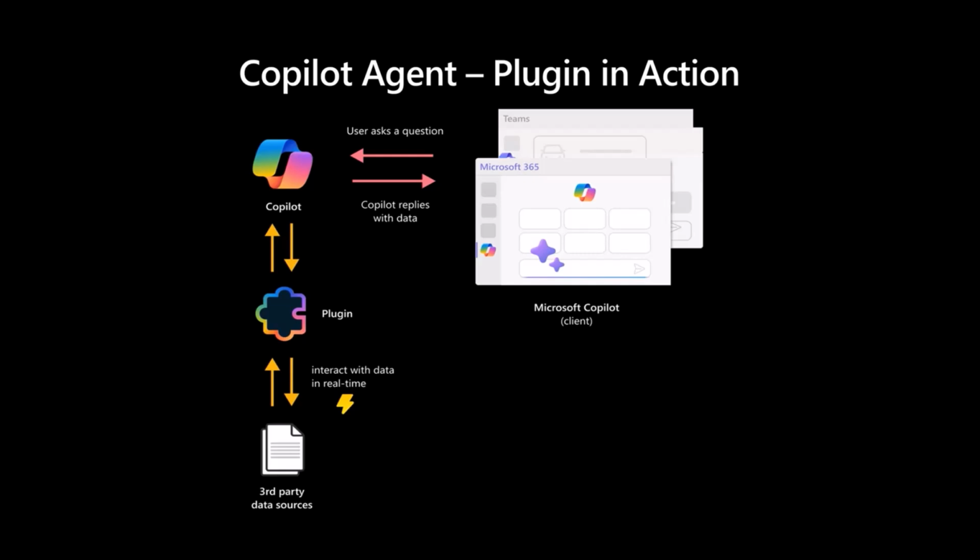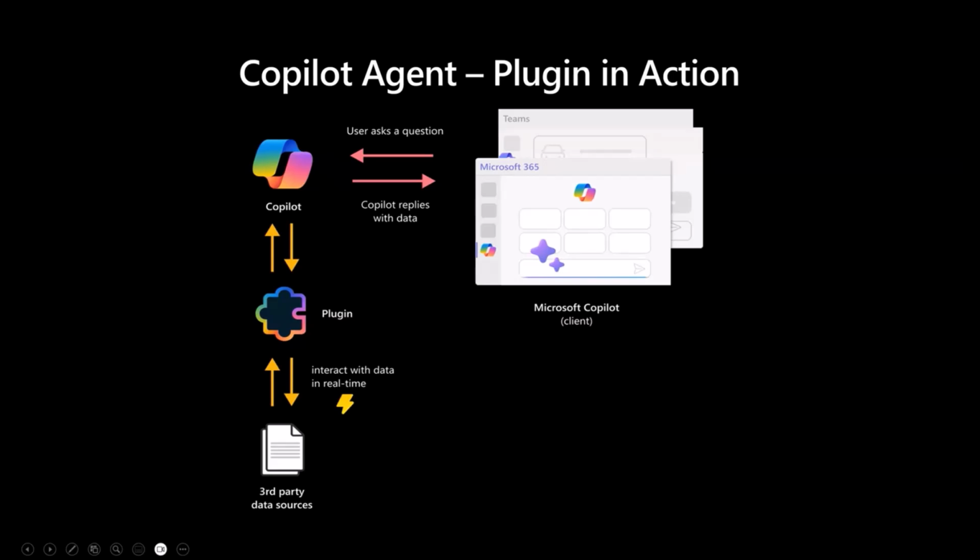Based on the user query, Copilot intelligence decides which plugin to call. Internally it keeps a mapping of which query best matches which plugin, and it calls the required plugin, and that plugin calls the underlying API to get the data from third-party sources or external services.